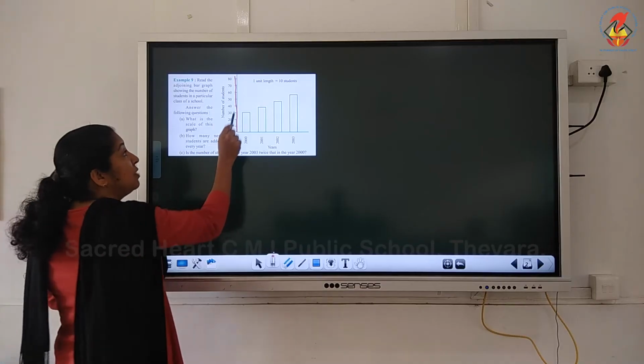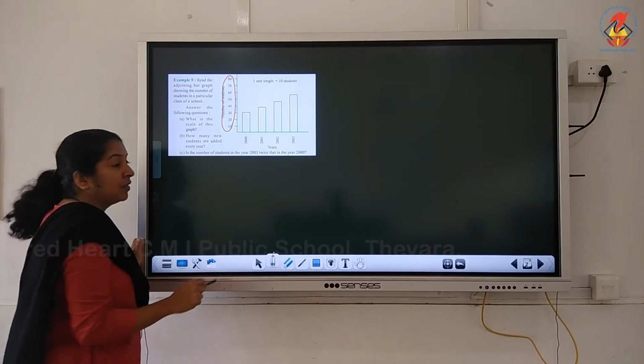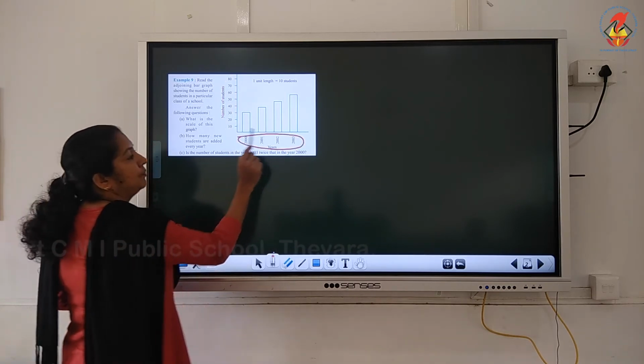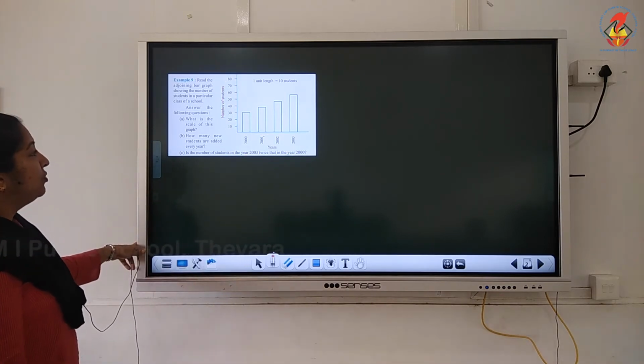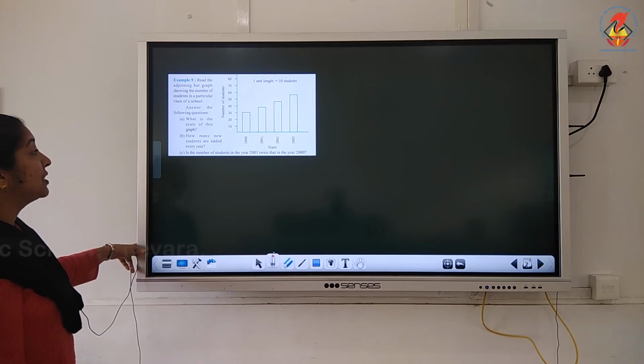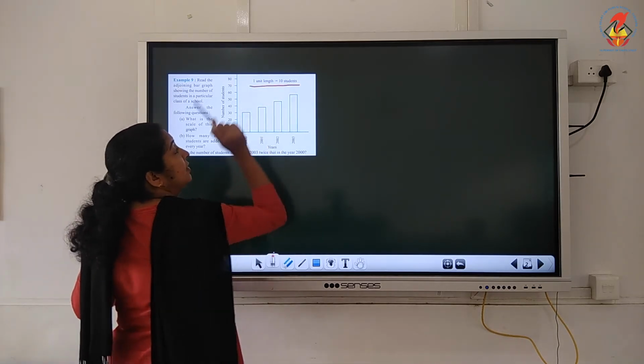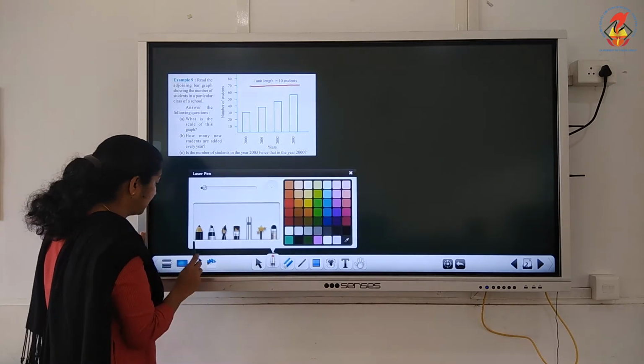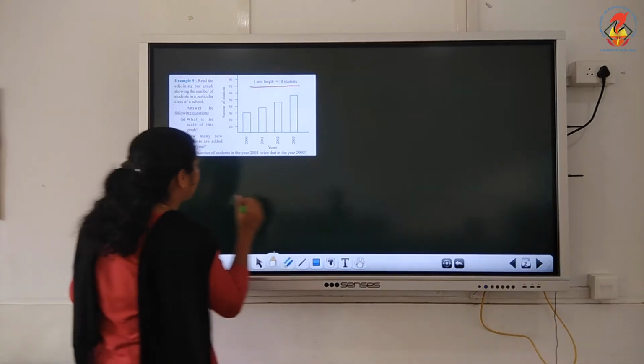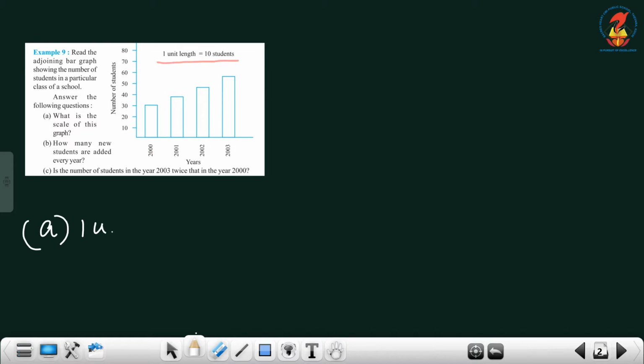Usually we are taking numbers on y-axis, and here years. So, the first question is, what is the scale of this graph? Scale is 1 unit length is equal to 10 students.